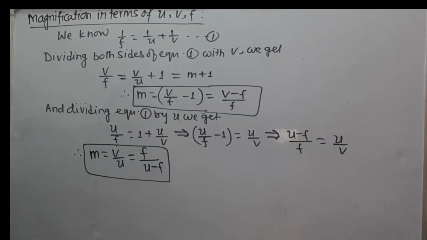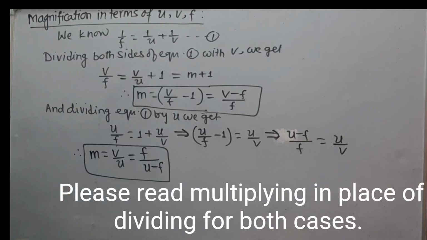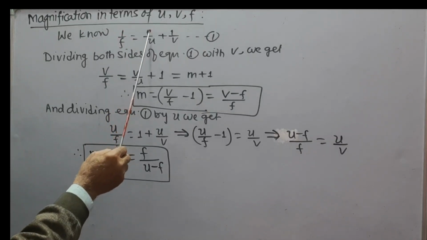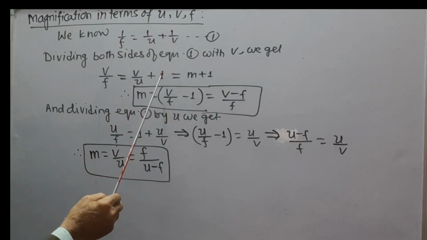Magnification in terms of object distance U, image distance V, and focal length F. As we know, lens formula is 1 upon F is equal to 1 upon U plus 1 upon V. Suppose this is equation 1. Dividing both sides of equation 1 by V, we get V upon F is equal to V upon U plus 1.